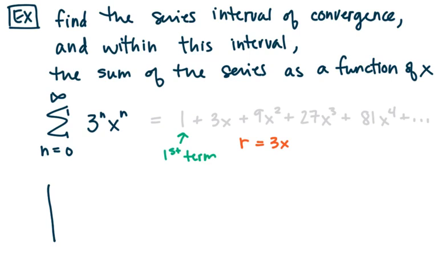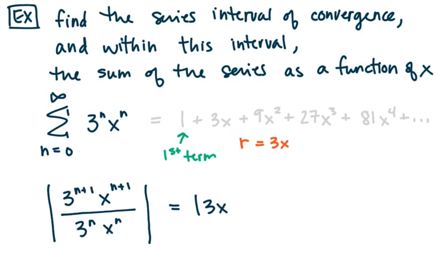My n plus 1 term would be 3 to the n plus 1 times x to the n plus 1, over my nth term, 3 to the n x to the n. And this would simplify using division, subtracting exponents. I get the absolute value of 3x. So that is my ratio. I can rewrite that as 3 times the absolute value of x.